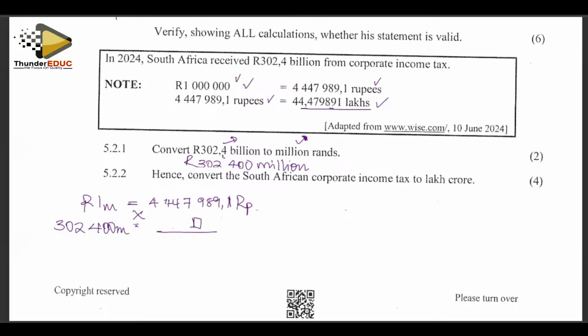That means you're going to multiply 302,400 times 4,447,989,1, divided by the million.